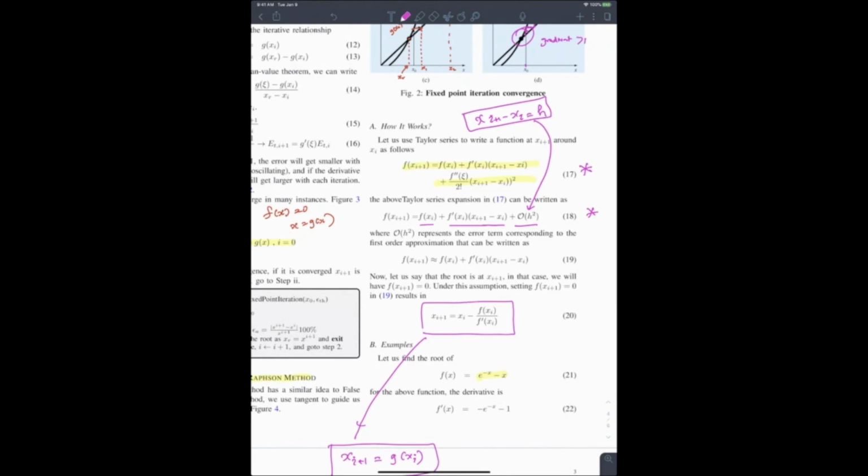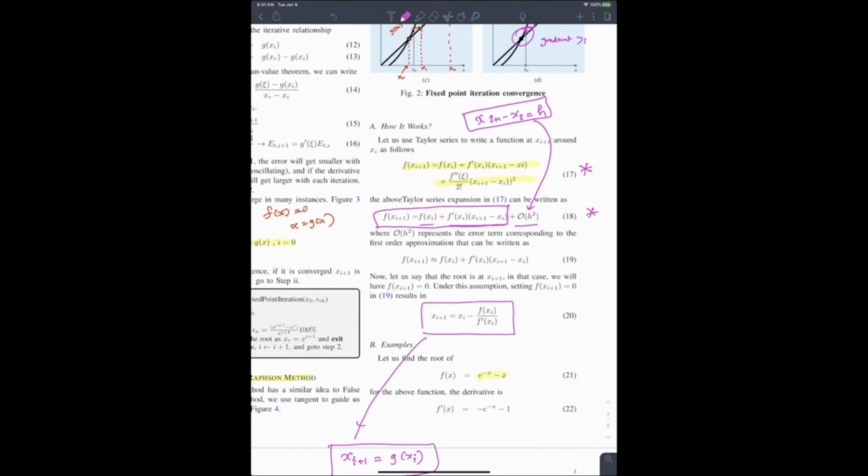The remaining terms, the order of h squared, represent the error. So the left-hand side is an approximation of f(x_{i+1}). If you approximate it like that, the error will be in the order of h squared.